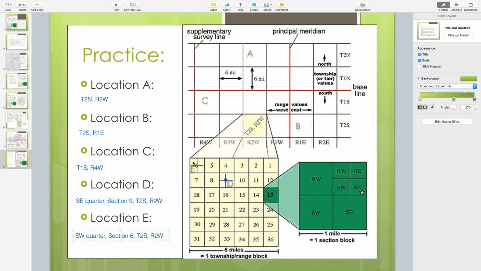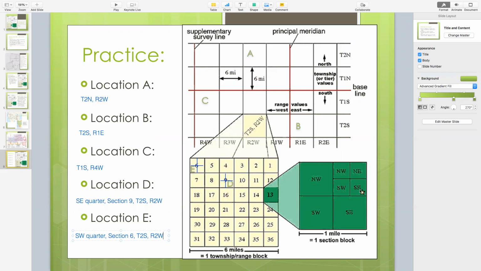How do I know that? This quarter here above would be the northwest quarter, northeast quarter, southeast quarter, and the letter E is in the southwest quarter. So E is located in the southwest quarter of section 6, Township 2 South, Range 2 West.